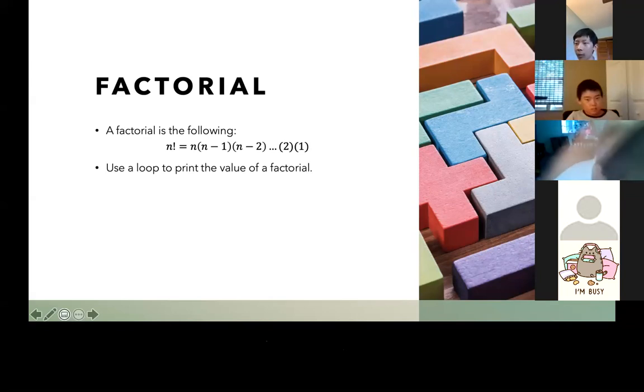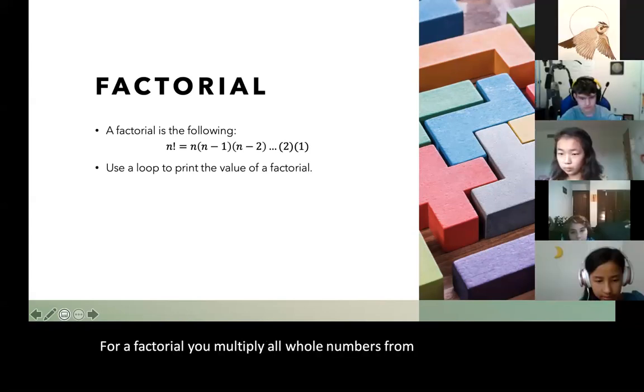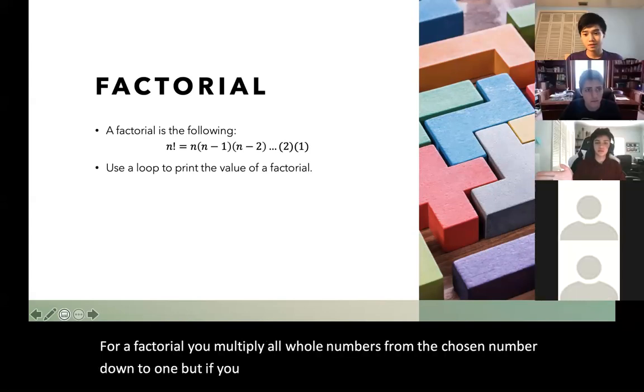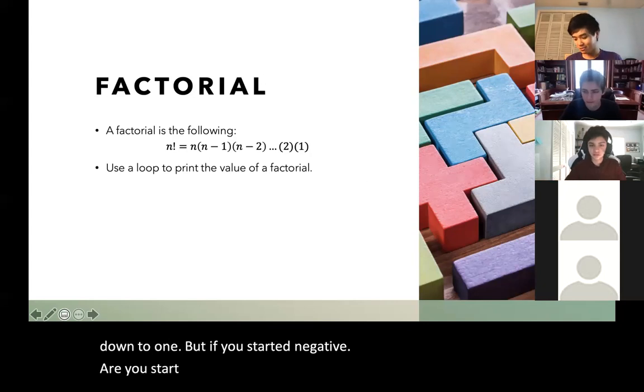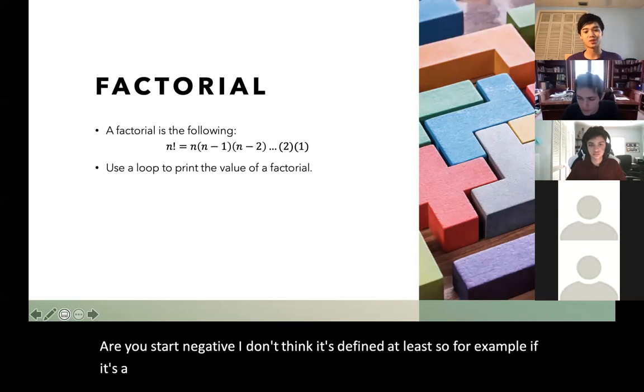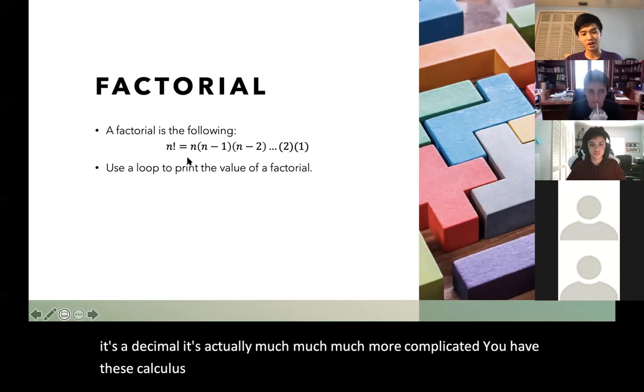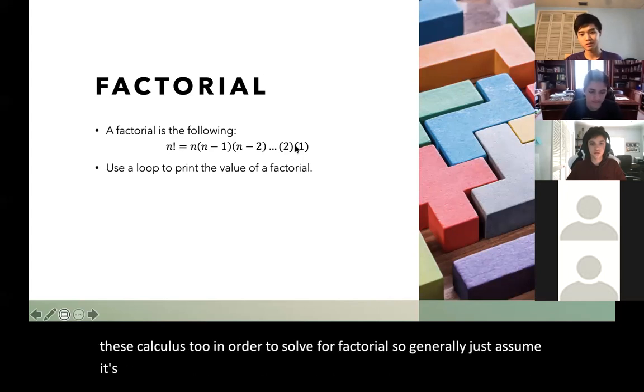So for a factorial, you multiply all whole numbers from the chosen number down to 1, but if you start negative, I don't think it's defined, at least. If it's a decimal, it's actually much more complicated. You have to use calculus in order to solve for the factorial. So generally, just assume it's an integer.